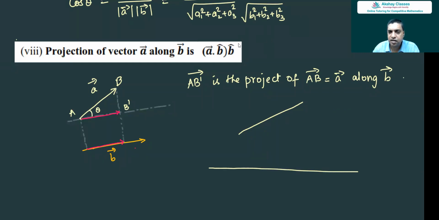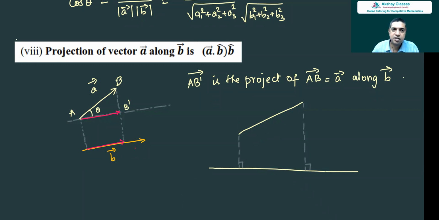Now these parallel rays of light are perpendicular to this wall. Then the length of the shadow of this rod onto this wall is the projection of this object, the rod, on the wall.